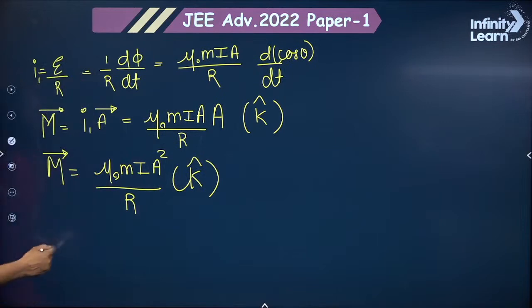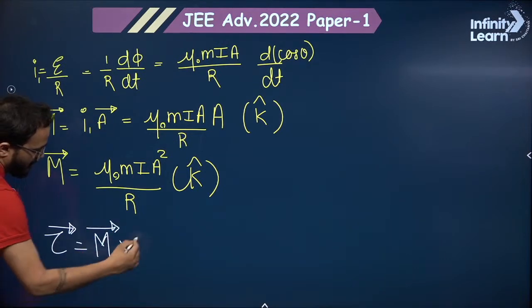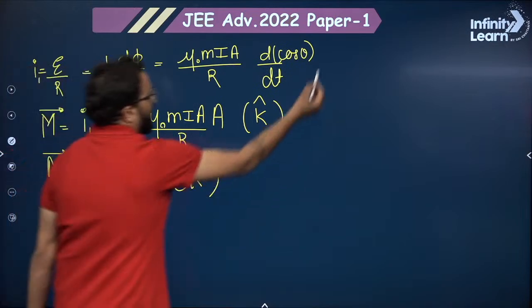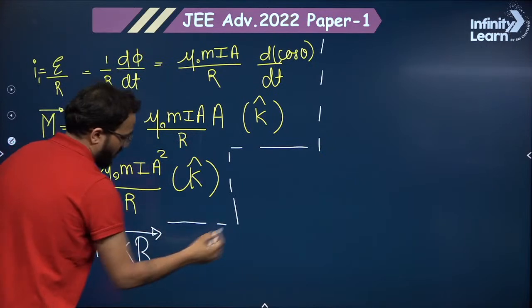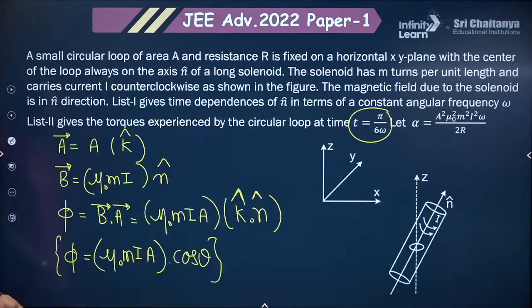Now what is the torque going to be? Torque will be vector m cross vector B, right? B is given to us. B is mu naught m I n cap, right?